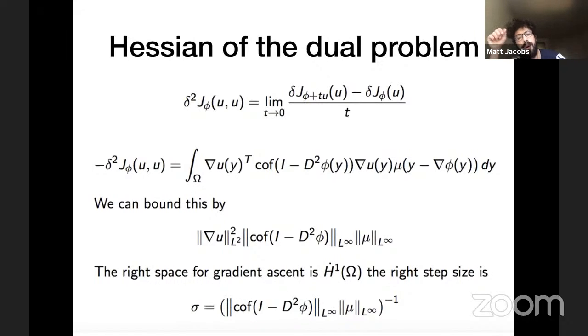And so one thing that's not entirely clear is if you wanted to start applying this method in high dimensions, is this H1 norm still the right thing to choose? And that is not something that is clear to me yet, but I just want to point out.